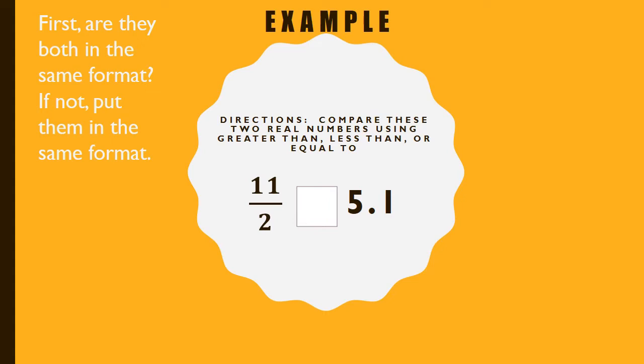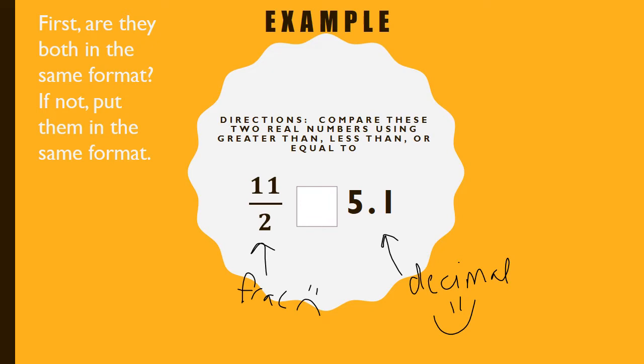The general rule, the easiest and fastest way to do this, is to convert everything into decimals. I notice that we already have a decimal here, and that's what we want. So 5.1 is already done because it's written as a decimal. However, we have a fraction here, which we do not want. So we're going to have to change this into a decimal.